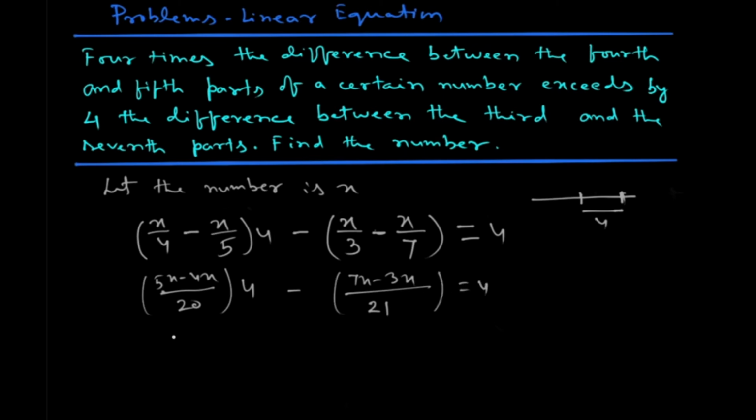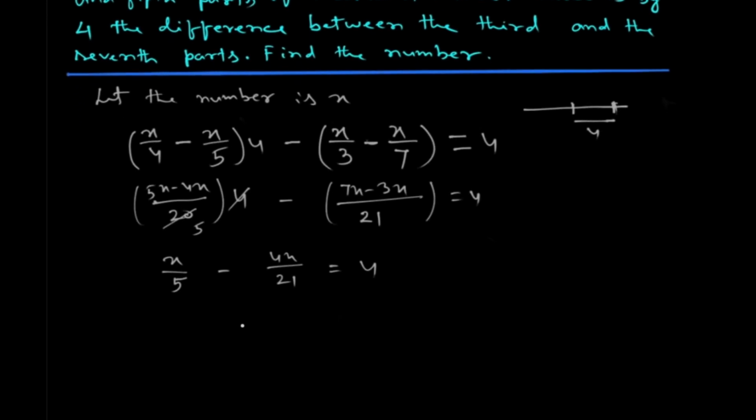So 4 will divide 20 by 5. So it will be 5x minus 4x, that is x divided by 5 minus 4x divided by 21, that is equal to 4. So what is the LCM?